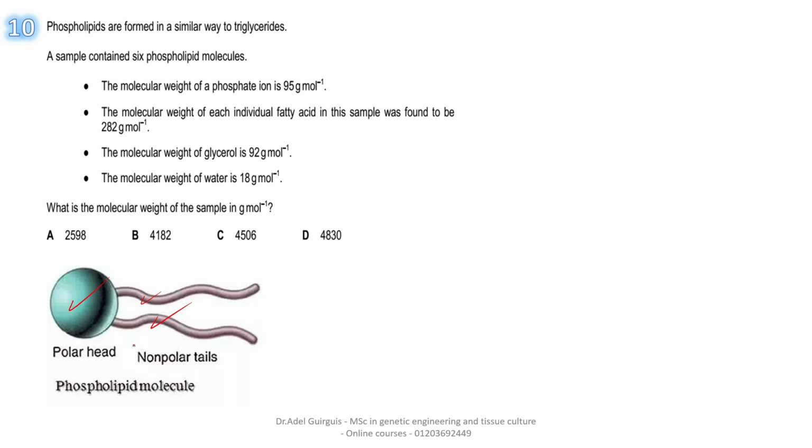This is just a diagram of a phospholipid molecule. Look at the first step. To calculate the Mr, one phospholipid molecule contains 1 phosphate ion plus 2 fatty acids plus glycerol.